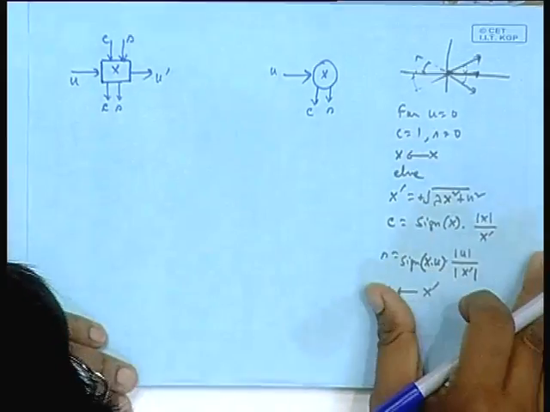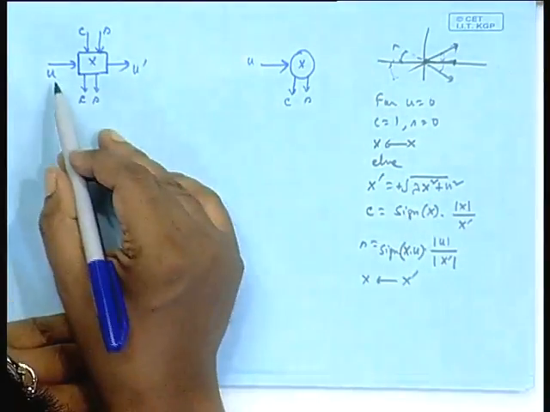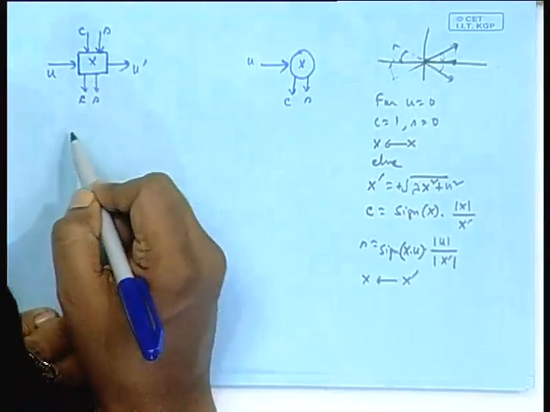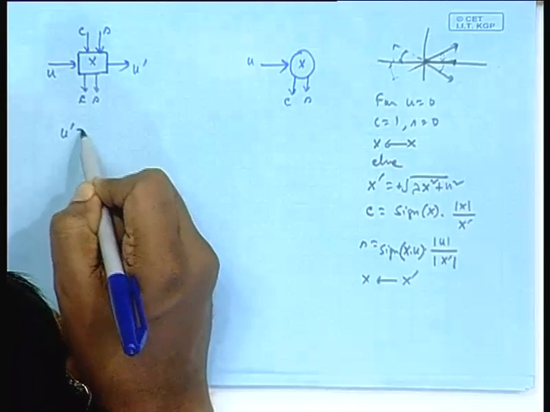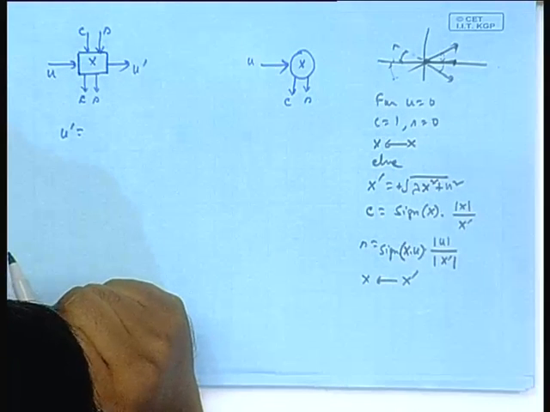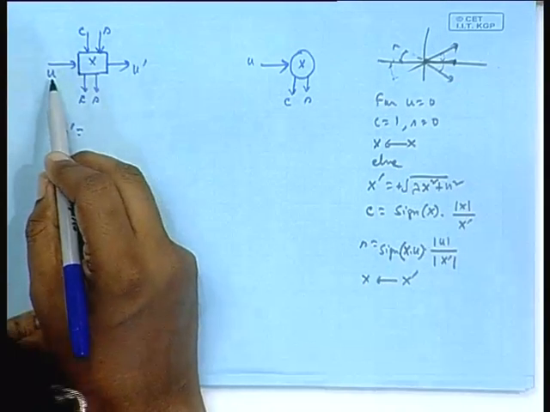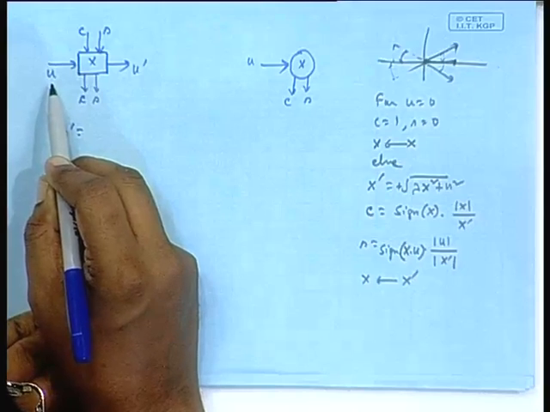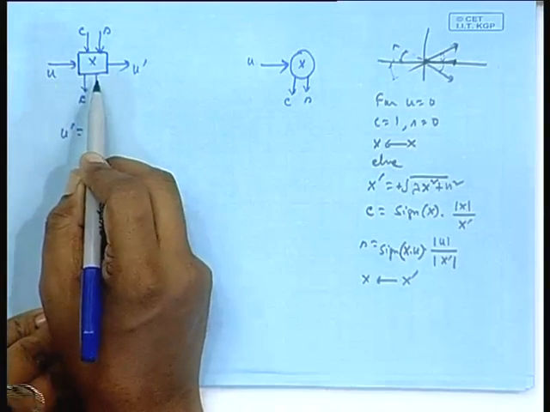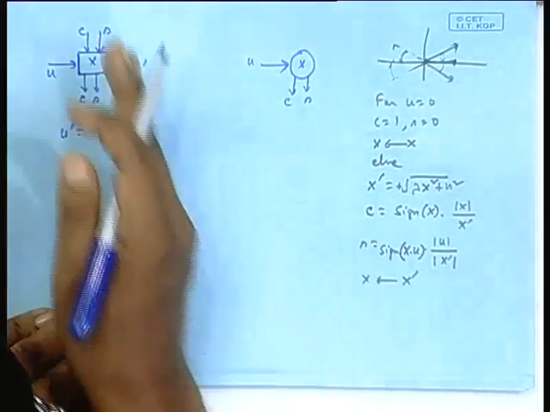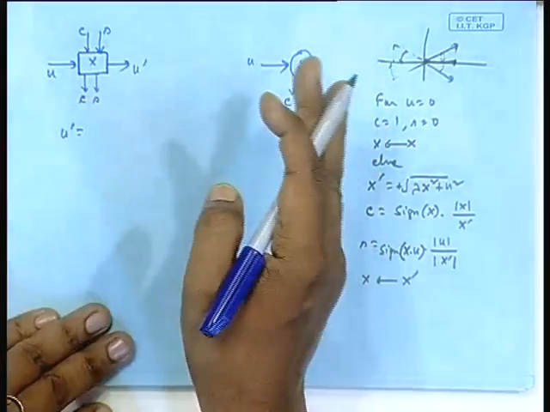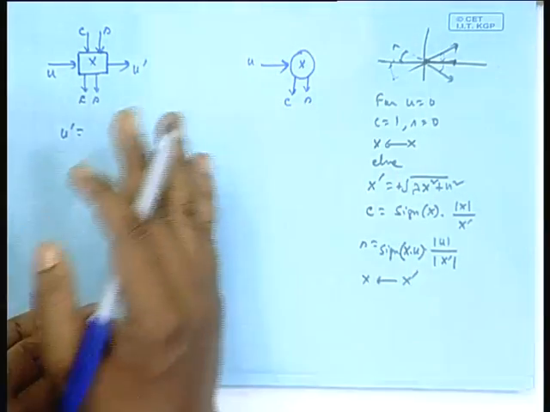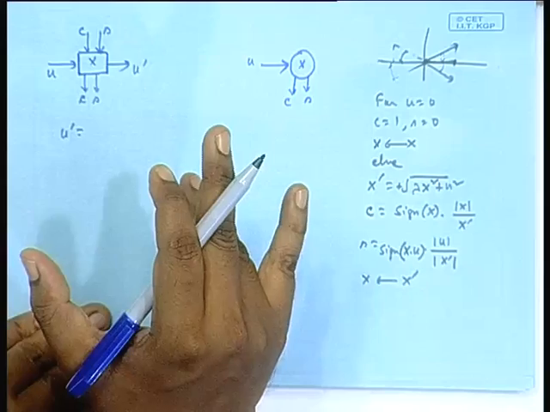What are those things? What does it do? What is U prime in terms of all this? U prime will be, U was that last row entry, you are rotating, you have found out the C, S parameter, using that you have taken any other column on that R n matrix.